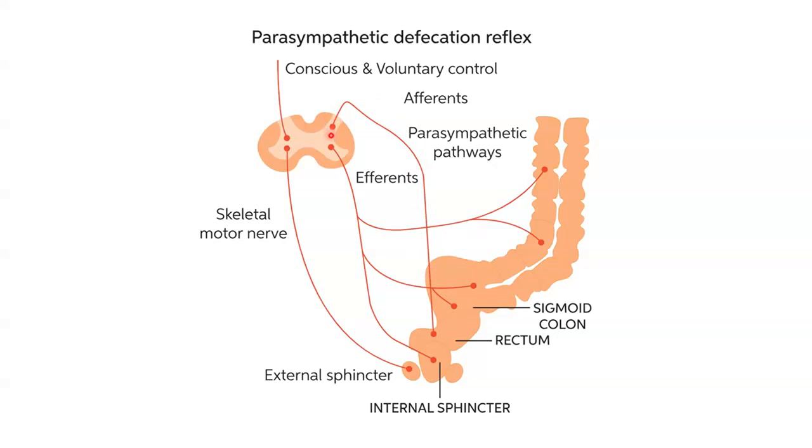That stimulates our motor neurons, which then go to our colon, our descending and sigmoid colon, as well as our rectum and our anus. It causes these longitudinal muscles that run down here to contract. That pulls all of this closer together, increasing the pressure in this rectum and anus. That motor neuron will also release our internal sphincter, which is made up of smooth muscle, so the one we don't control.